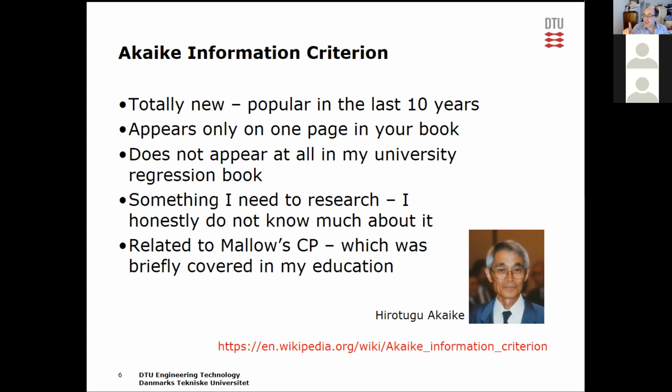And it does not exist in this book at all. It is only mentioned on one page in your book, and on that page it's not even talking about stepwise regression.